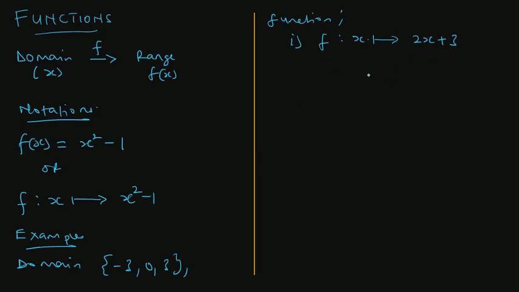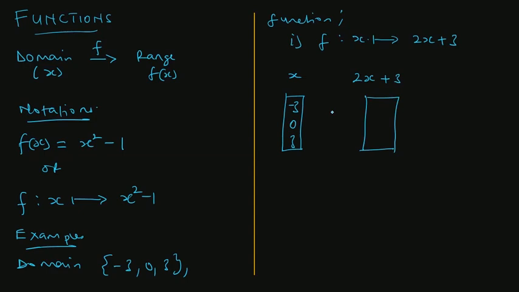What you do is get each of these values in the domain and substitute it in the function. For example, these are values of x. We can draw something like this, and we include them in here: -3, 0, 3, and then the values of 2x plus 3.